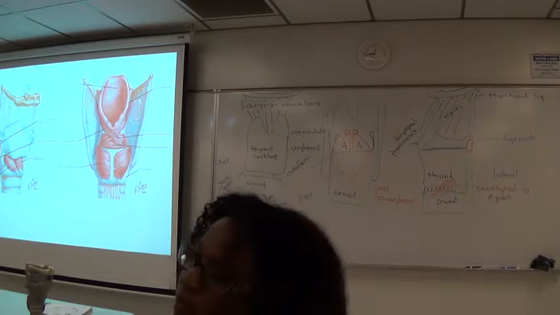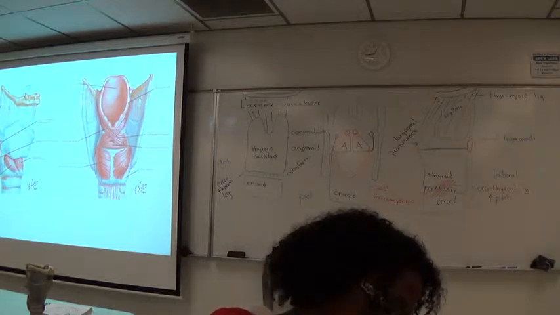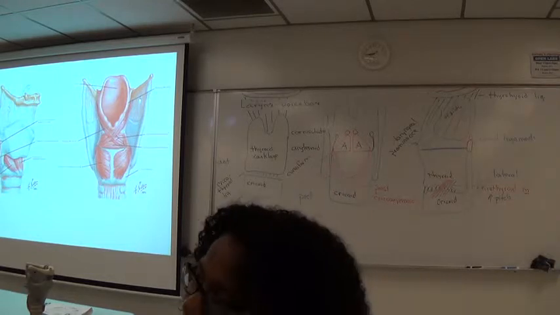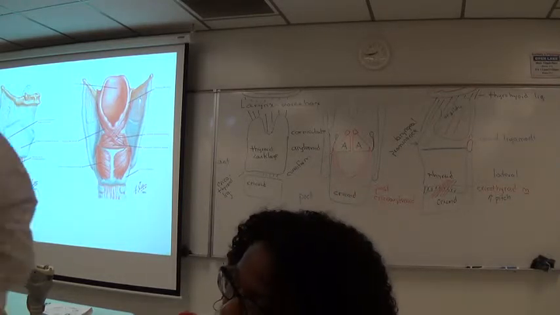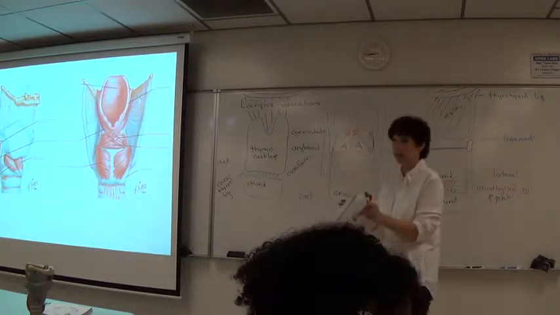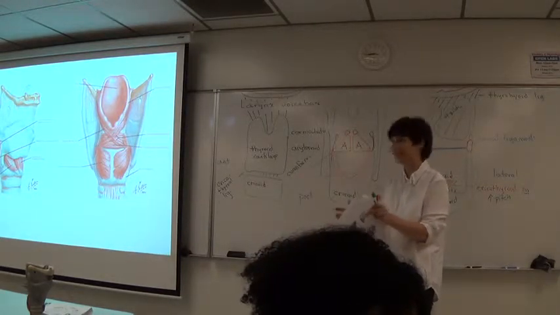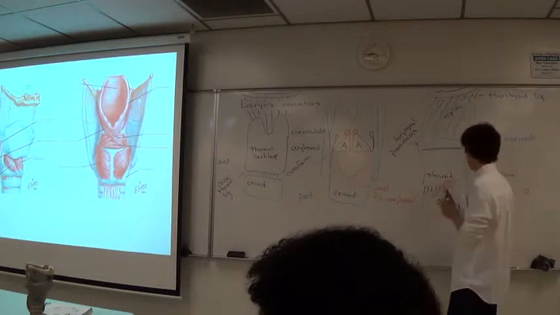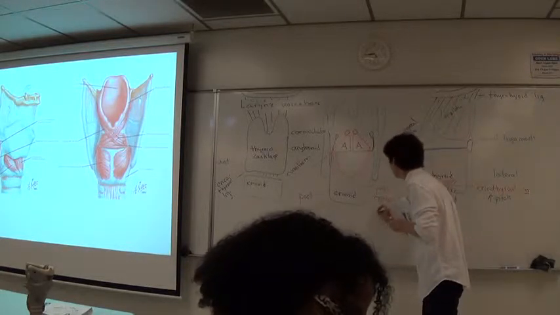All right, and you can see its function if you pull on this. Oh, I didn't do it hard enough. But this one's not going to move the cricoid, but it will move the arytenoid cartilages. And so this causes a separation of the arytenoids. All right, so it's going to abduct the arytenoid cartilage, or open the airway.